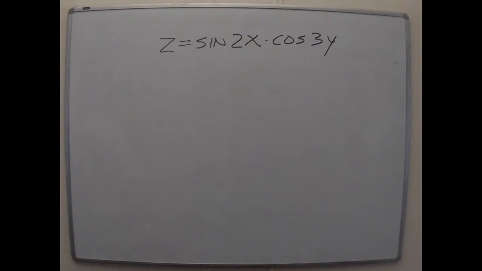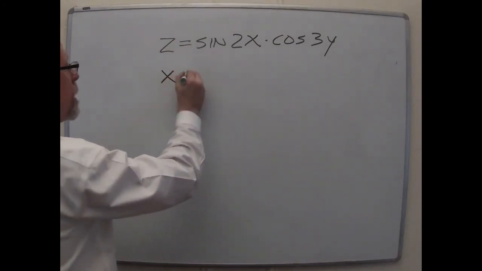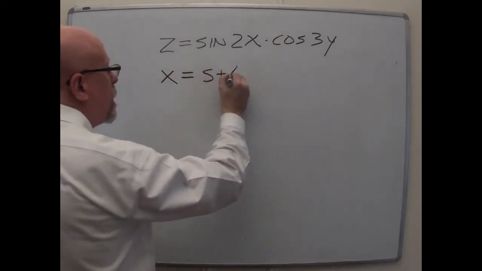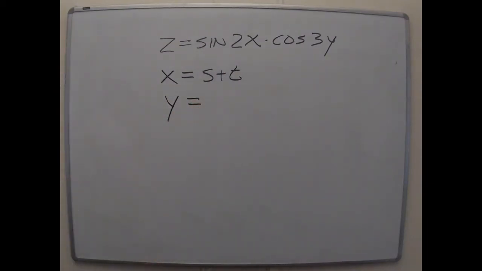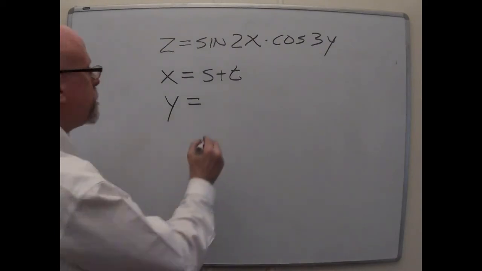Now, but there's more. X and y have dependence on s and t. So this is fairly simple. It gives x is the sum of s and t, and y is their difference. Make sure I do the same order, s minus t.